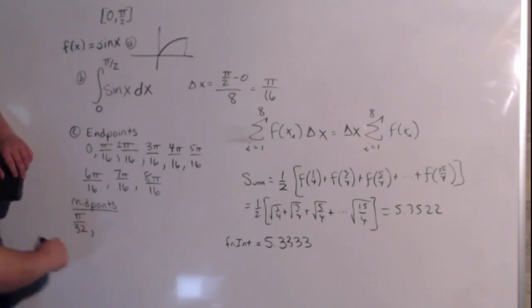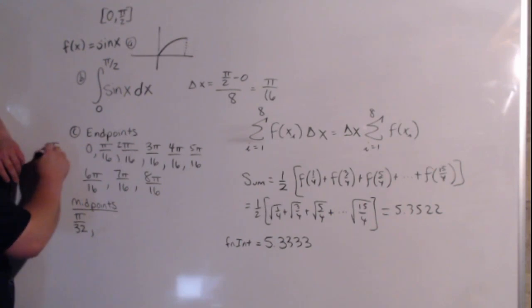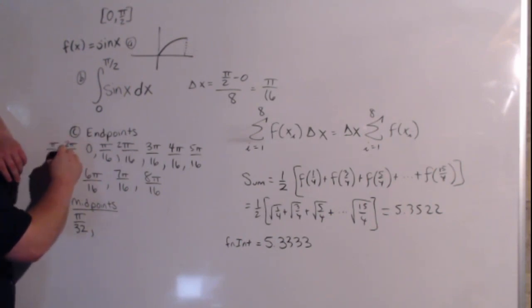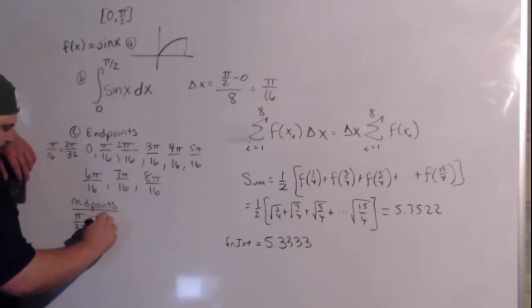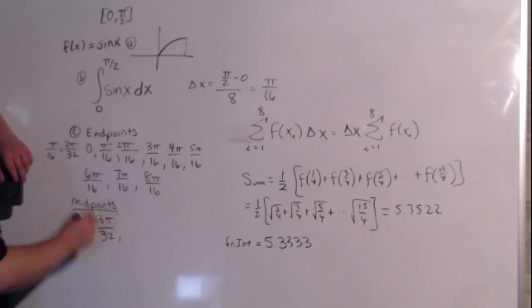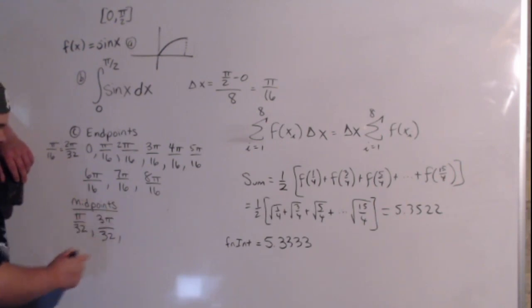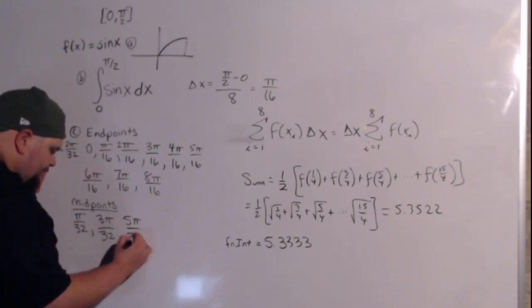And then again, I need to go up by a 16th. Pi over 16 is 2 pi over 32. So pi over 32 plus 2 pi over 32 is going to be 3 pi over 32, and so on. So just add 2 pi basically to the top each time, up until you have 8 terms.